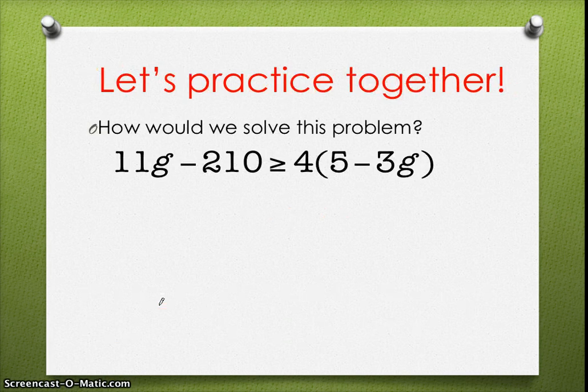So now let's practice together in solving an equation that uses the distributive property, and we have to group like terms. So I want to walk us through this. We have parentheses, which suggests that we need to use the distributive property.